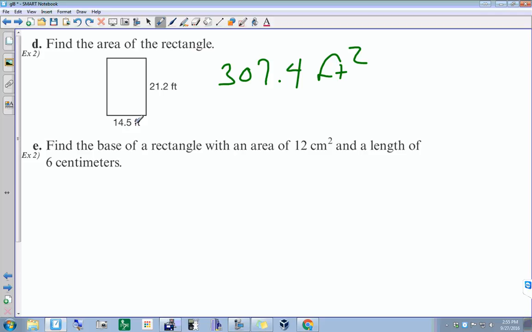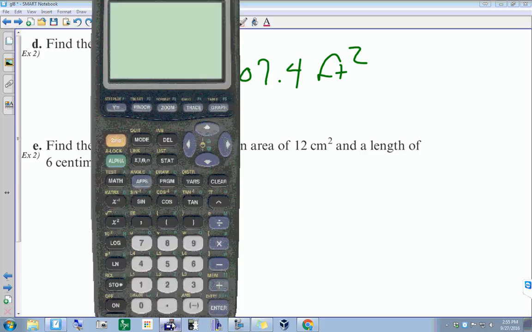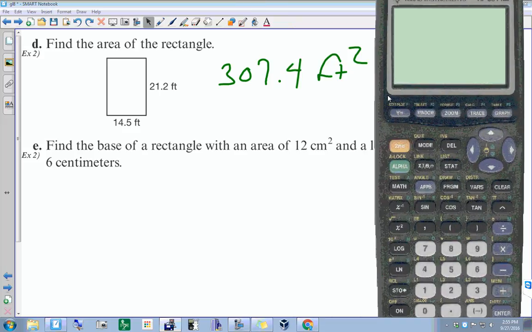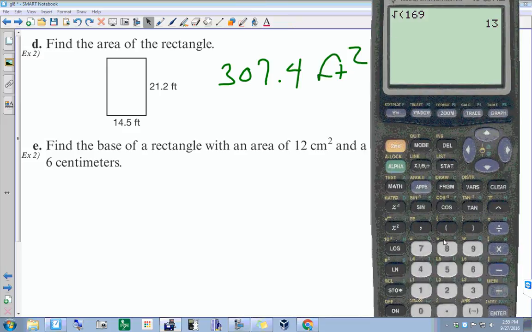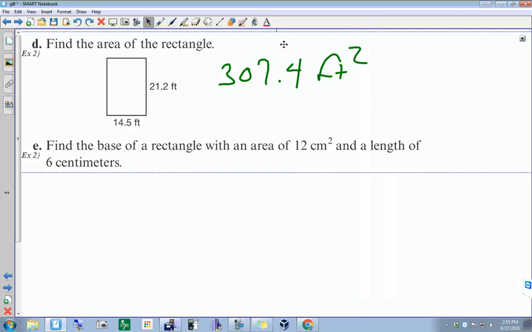And there you go. Okay, well, worst case scenario, we can always grab a calculator and go back and check. Turn that back on. Clear that out. 21.2 times 14.5. Yep, there we go.